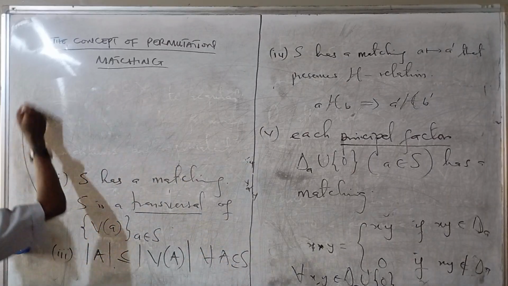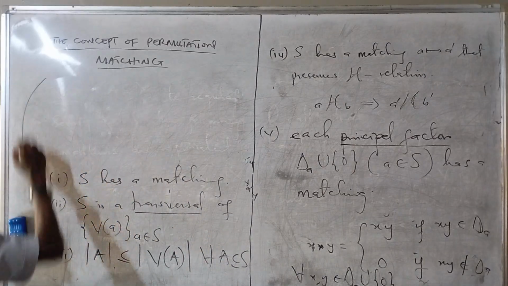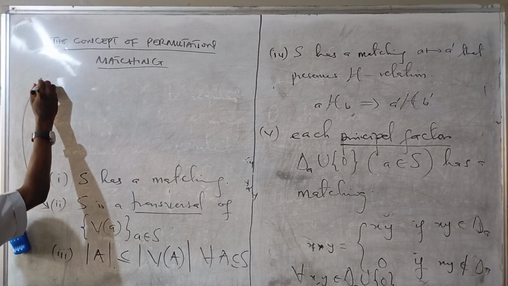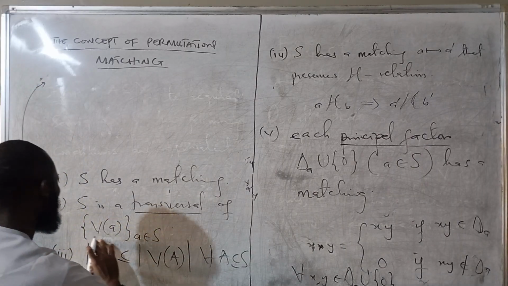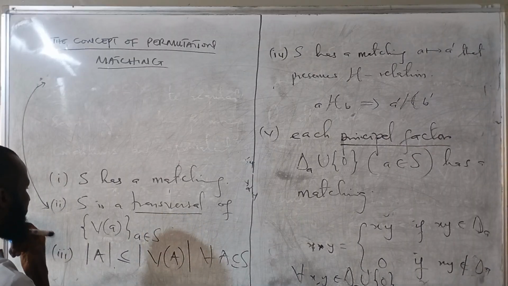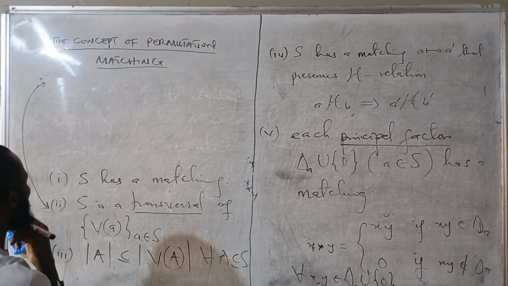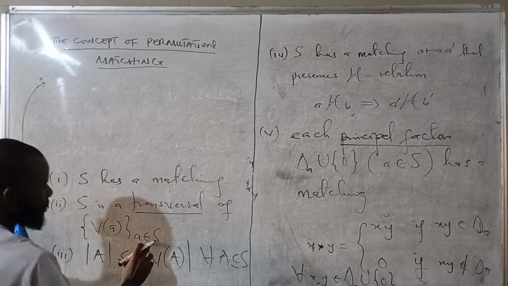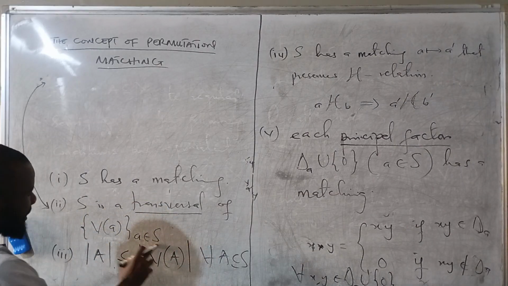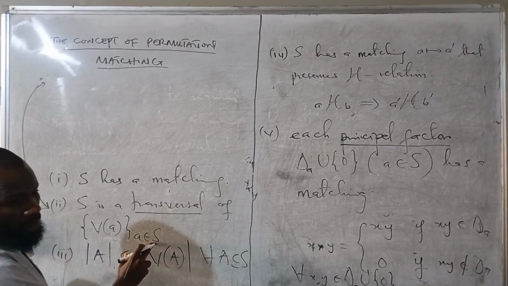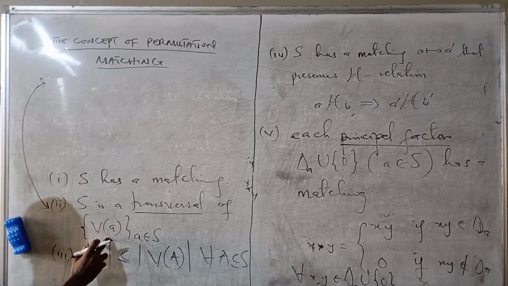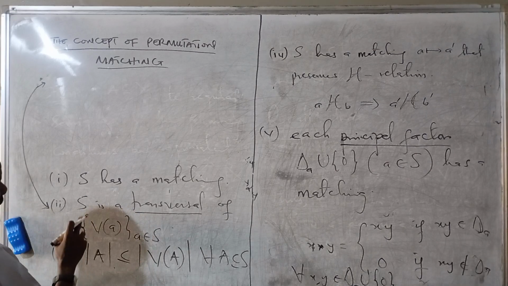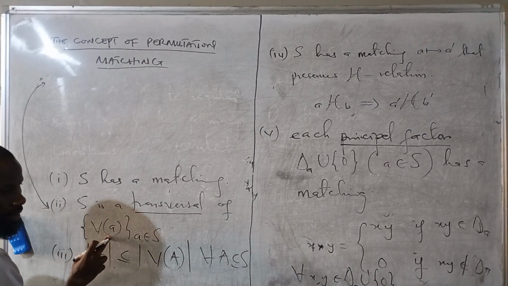Since you asked, I wanted to leave it until later, but what do you mean by this transversal? That is your question. So this is a set of subsets of the semigroup. Are you following?